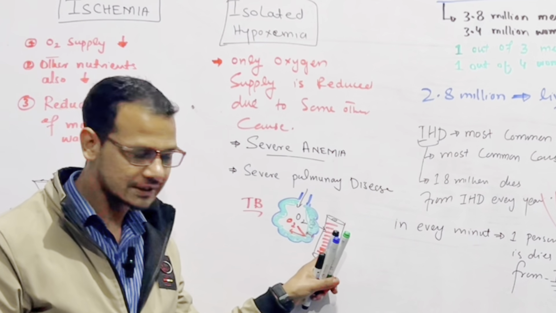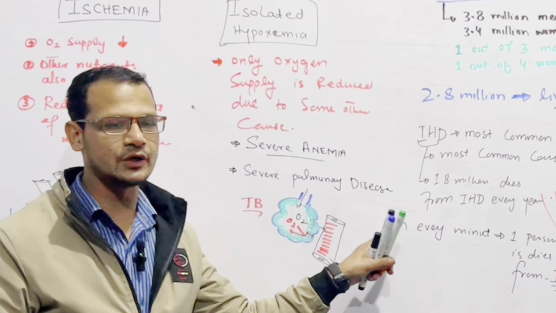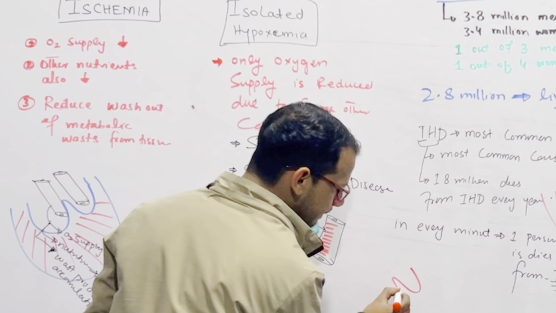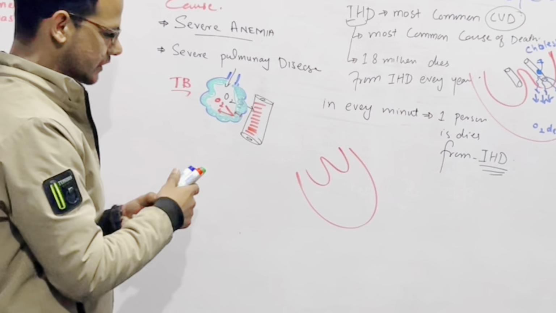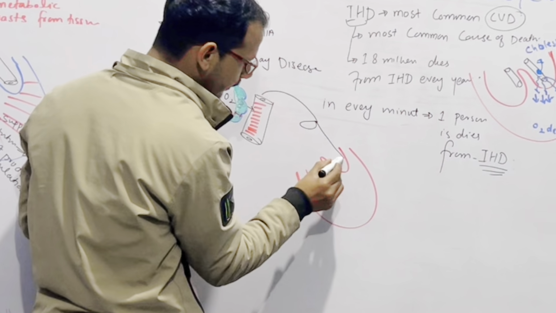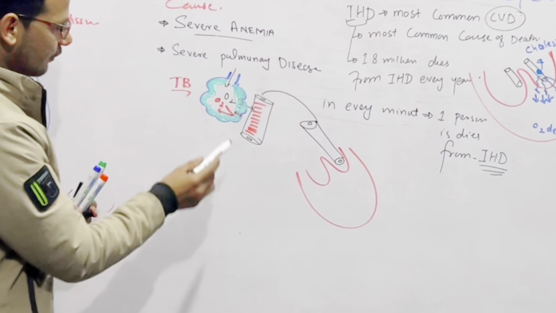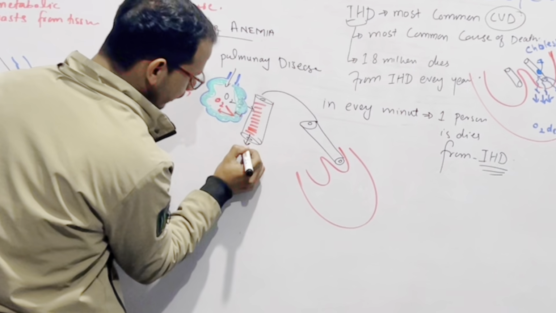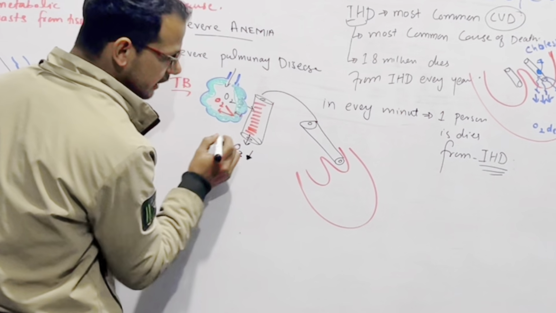And due to this, blood is not able to fulfill the demand of the heart. Now, for example, here is the heart. It requires oxygen, and blood goes to the heart in the form of coronary arteries. Now oxygen is not diffusing into blood, so the oxygen amount in blood is reduced.